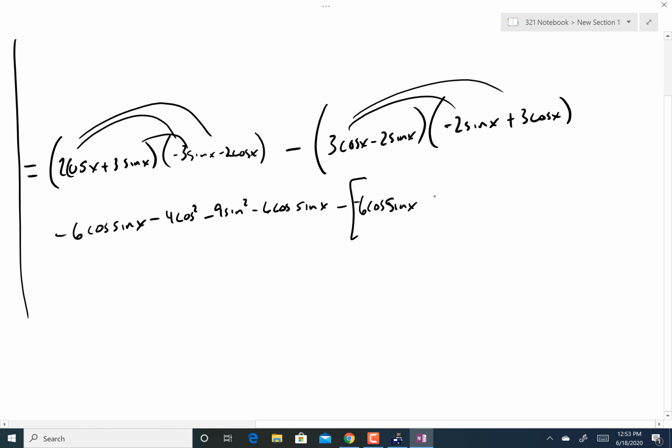And then I'm going to have plus 9 cosine squared. And then my plus 4 sine squared. And then minus 6 cosine sines. Okay. So that's going to become a plus. And that's going to be a minus. And a plus. And a minus. Let's see what we got here.